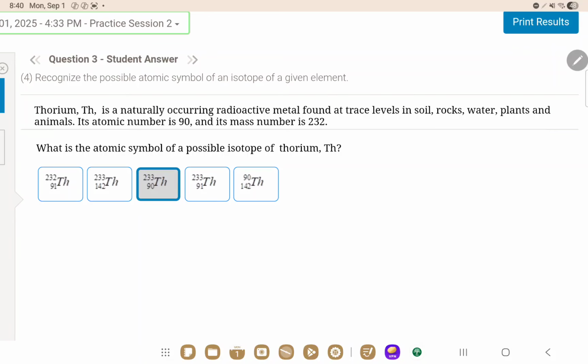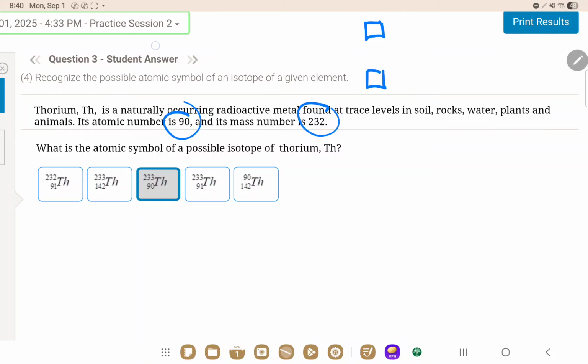Thorium is a naturally occurring radioactive metal found at a trace level in soil, rock, water, plants, and animals. Its atomic number is 90 and mass number is 232. Now we know that atomic number is always written at the bottom, and mass number is always written at the top. And they have names. Mass number is Z and atomic number is A. Wait, I think I switched them up.